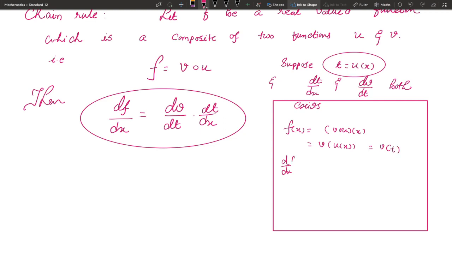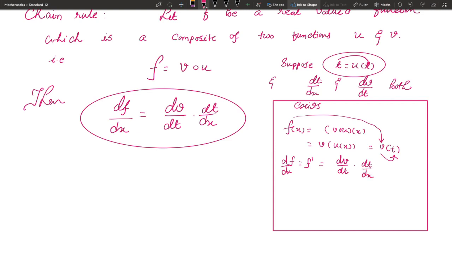So d by dx of f, this is f dash x. f is a function of v, v is a function of t, so df by dx means dv by dt into, but you know t is a function of x, so into dt by dx.